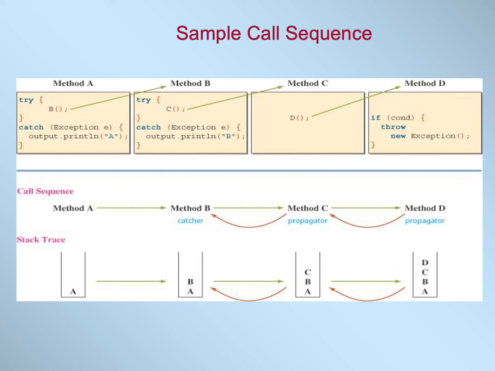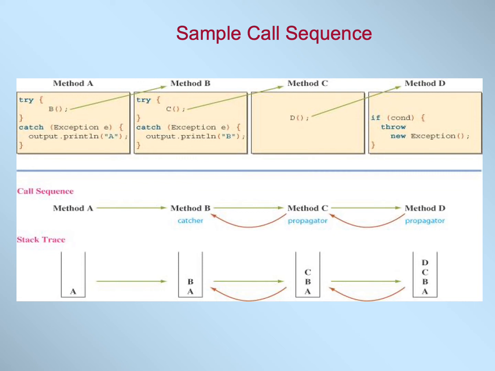Sample call sequence. We say a method throws an exception directly when the method includes the throw statement. Otherwise, a method is throwing an exception indirectly. So methods A and B are throwing the exception indirectly, while method D is throwing the exception directly.